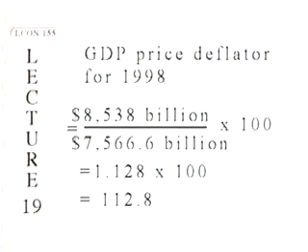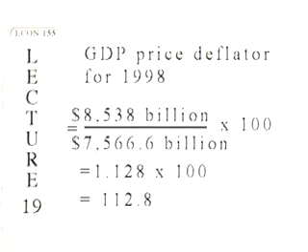Let me get the calculator out. 8538 divided by 7566, times 100, equals 112.8.